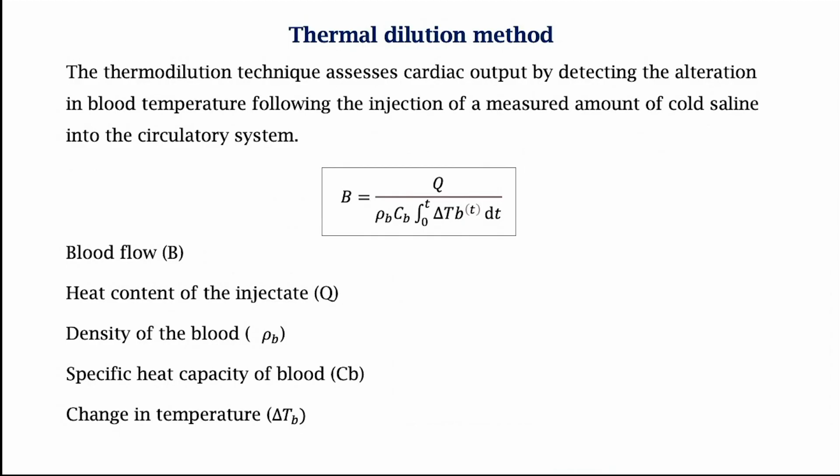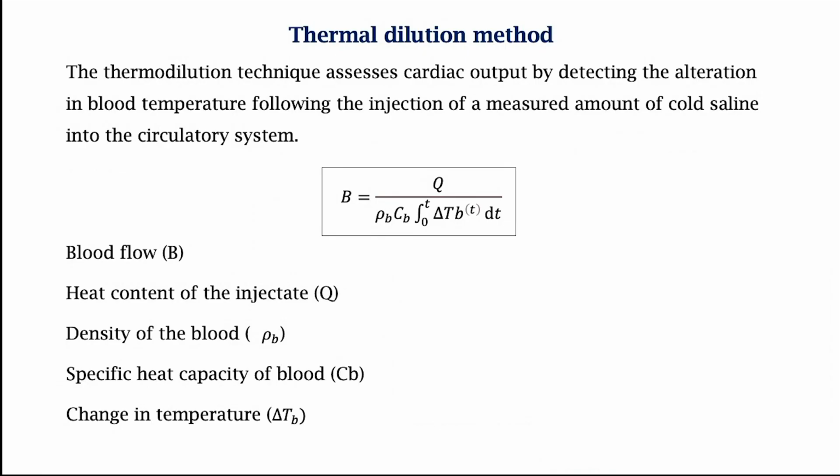In this method, you send a particular bolus, say cold saline at a particular temperature, and you know the amount of cold saline that you are introducing into the system, and you know its heat content. How do I know?